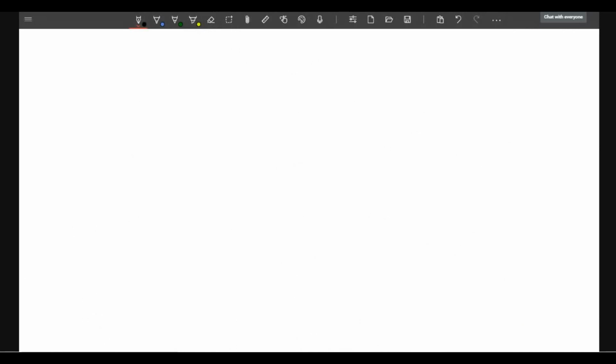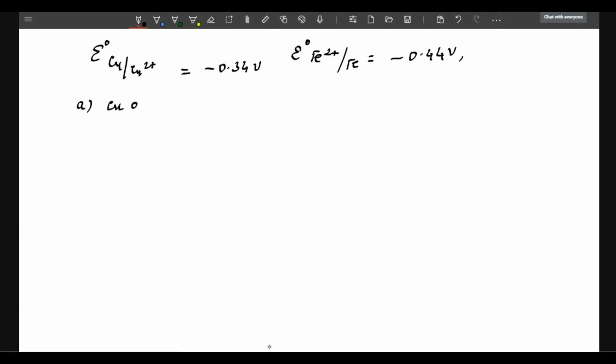Given epsilon naught of copper or copper 2 plus is equal to minus 0.34 volt, and epsilon naught of iron 2 plus for iron is equal to minus 0.44 volt. Then option A, copper oxidizes iron 2 plus.